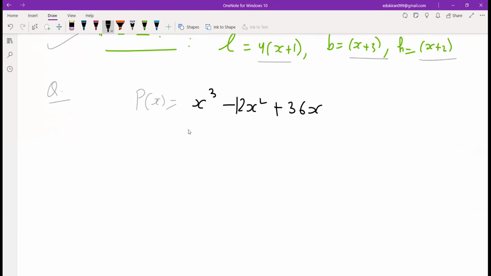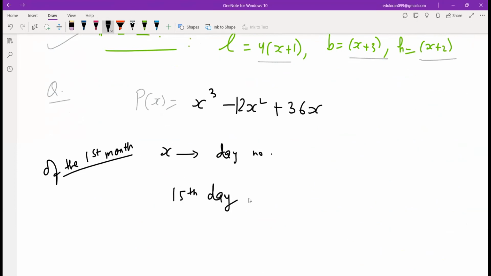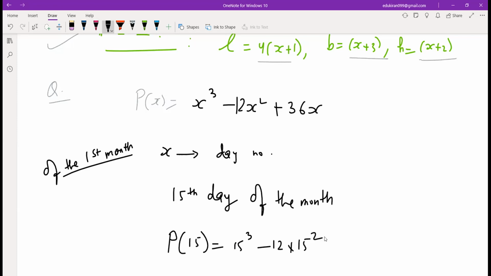So here x stands for the day number of the first month, like the 15th day of the month. When you want to check how many ice creams are being sold on the 15th day, you'll just put 15 there and you'll get 15 cubed minus 12 into 15 squared plus 36 into 15.